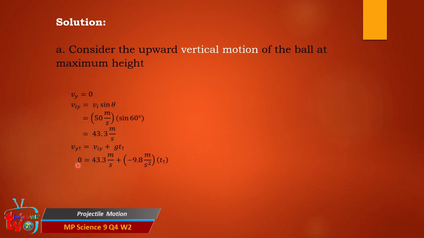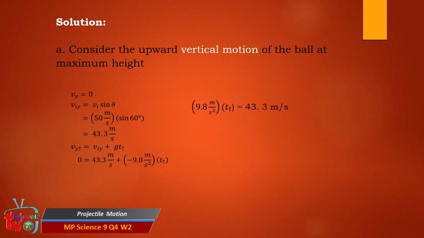V sub y at maximum height is 0, which is now equal to the initial velocity that we have just solved, 43.3 meters per second, plus the value of the gravitational acceleration, which is negative 9.8 meters per second squared, times the time in going up, or the time that it will take the ball to reach its maximum height.